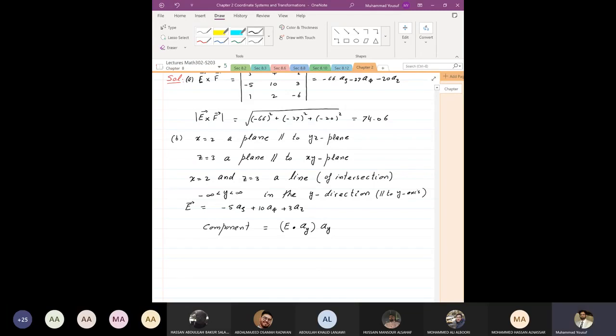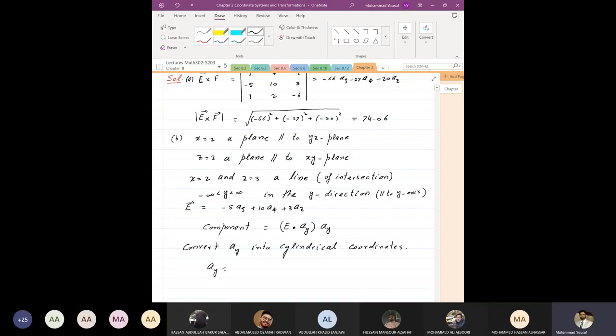Okay. But we need to compute this a_y, since vector E is in cylindrical coordinates and a_y is in Cartesian coordinates. So transform or convert a_y into cylindrical coordinates.